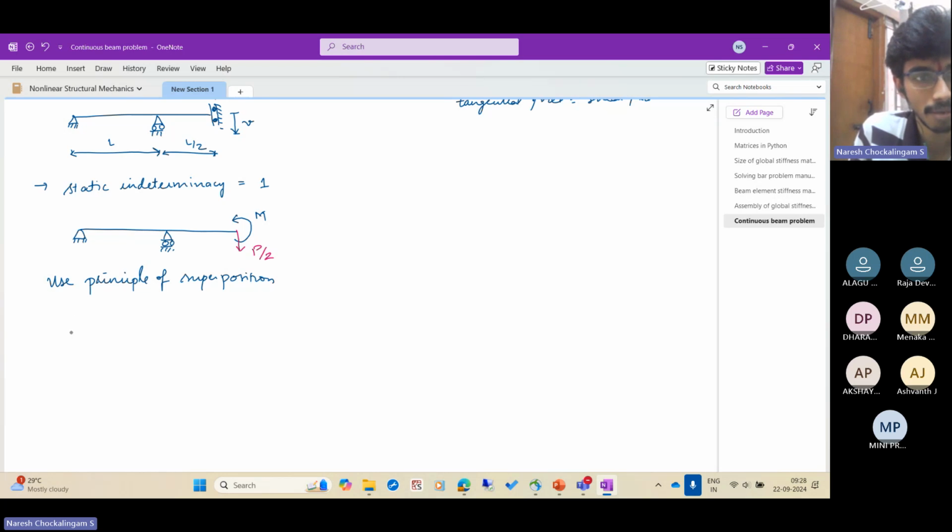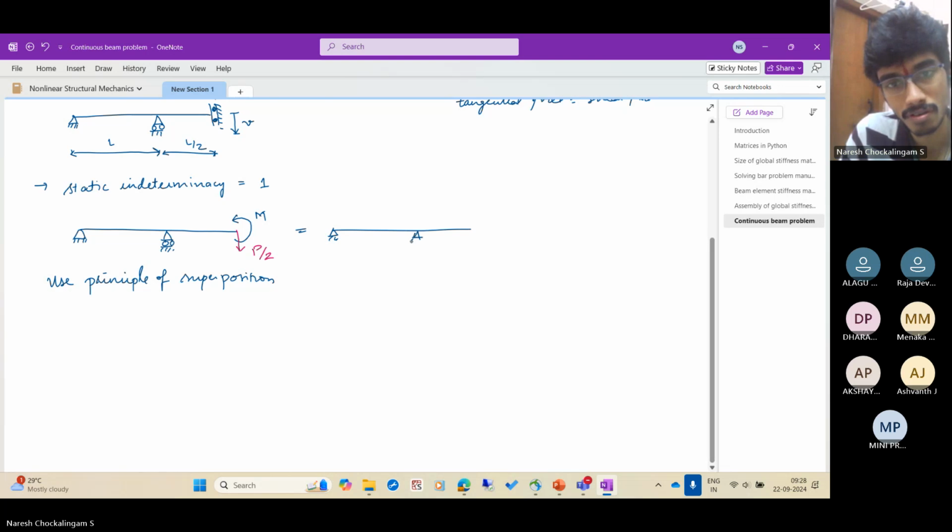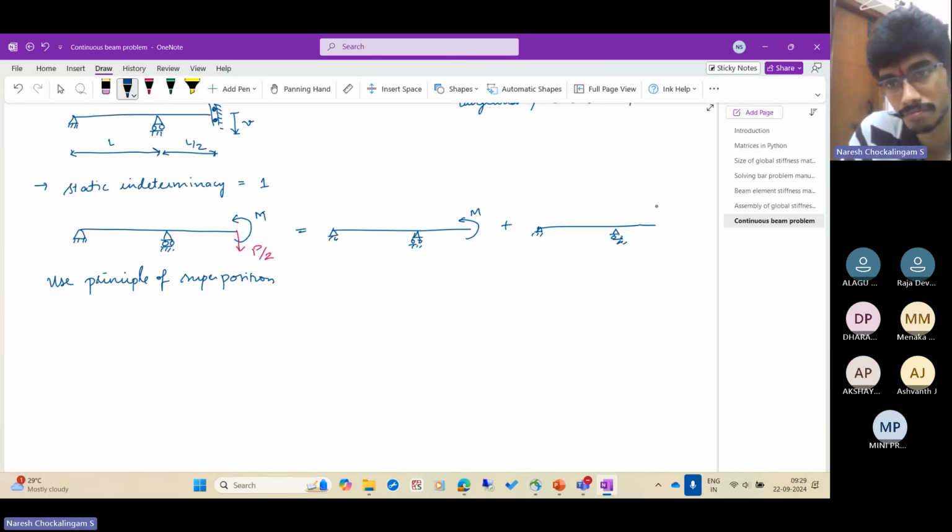Sorry, due to P by 2, what will be the bending moment diagram? So this you can take as a combination of the moment M plus P by 2.